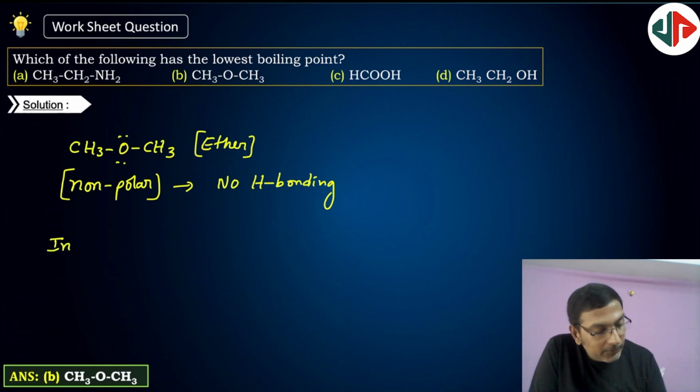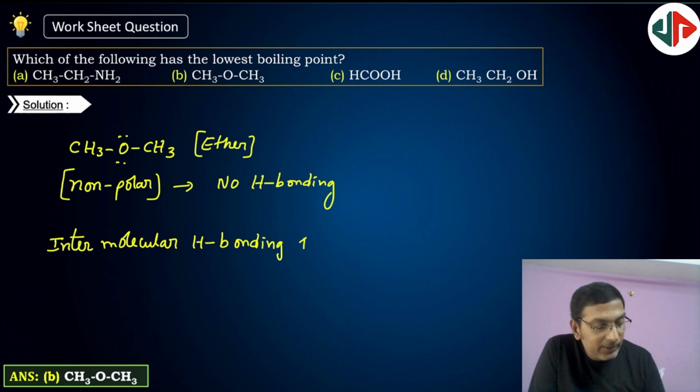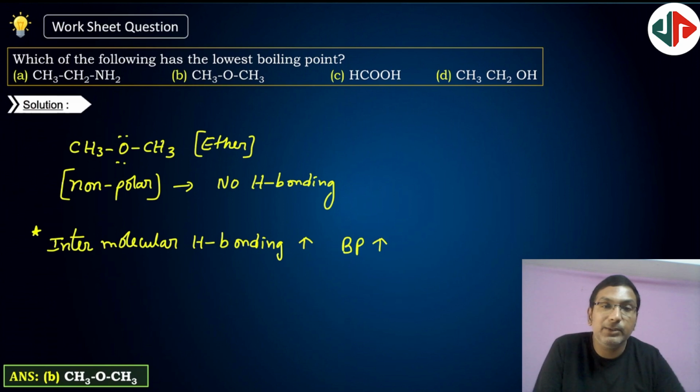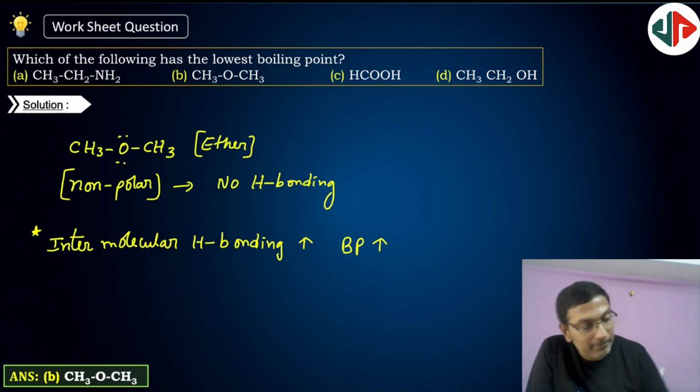If intermolecular hydrogen bonding increases, boiling point increases. Here there is no formation of hydrogen bond in case of ether. Almost non-polar. Therefore, it will have the lowest boiling point.